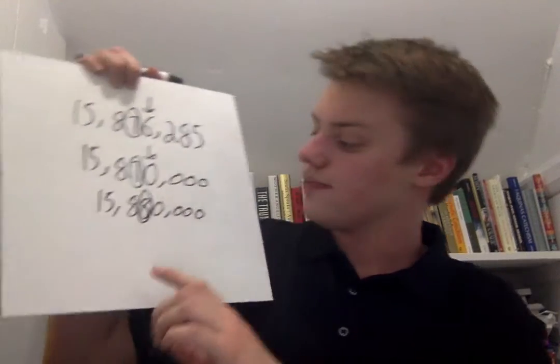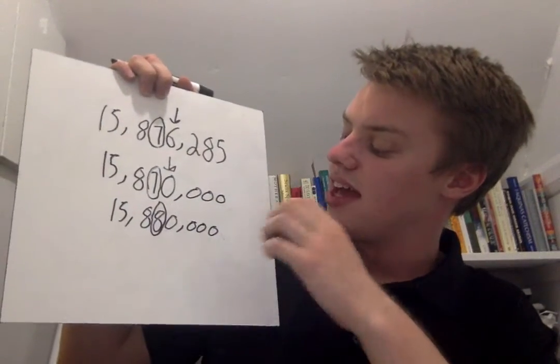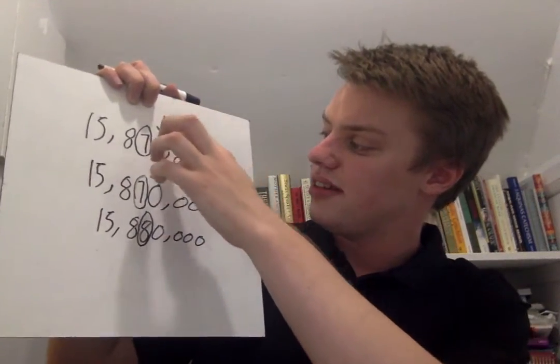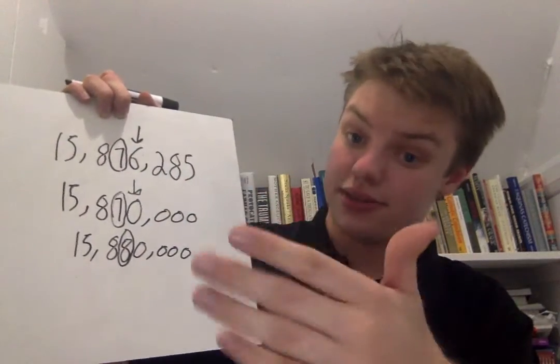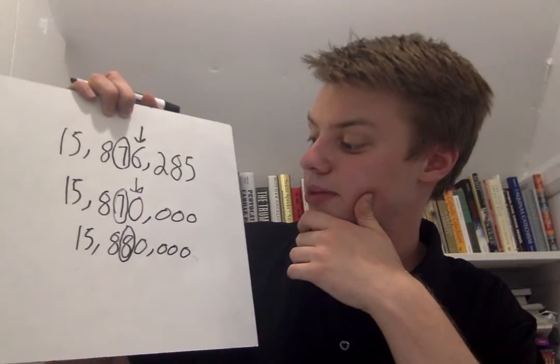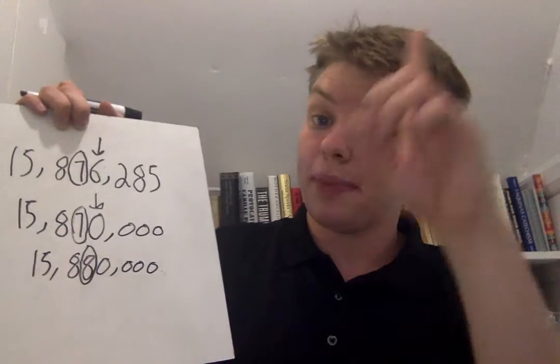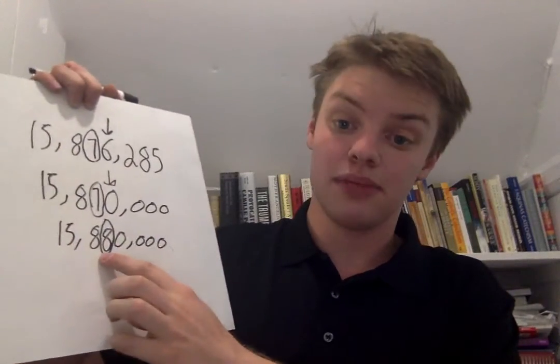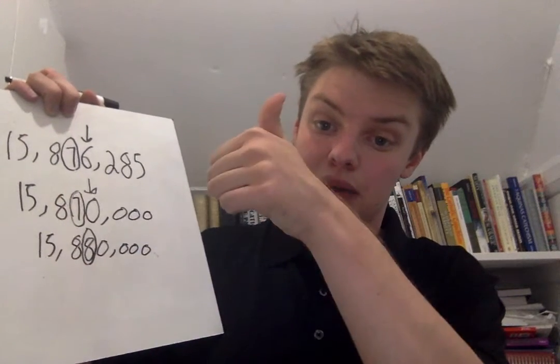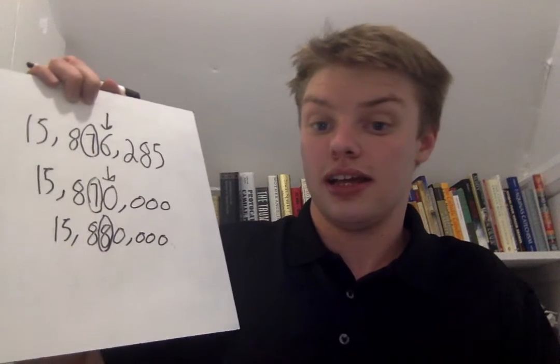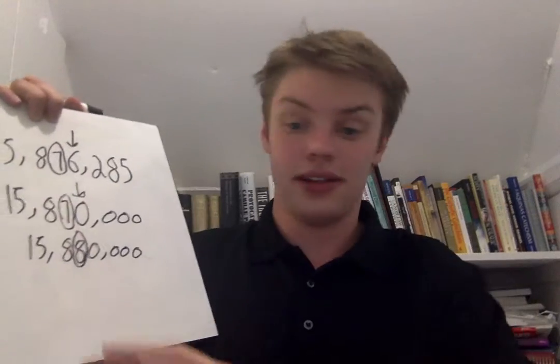Last step, all right, this is important. This arrowed number, the one that's to the right of the circled number, if that is 5 or above, then the circled number goes up by 1. If it's below 5, it doesn't go down, it just stays the same.